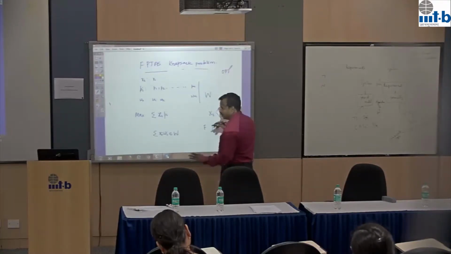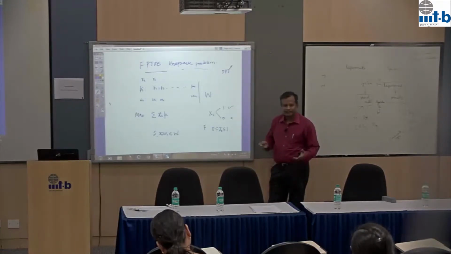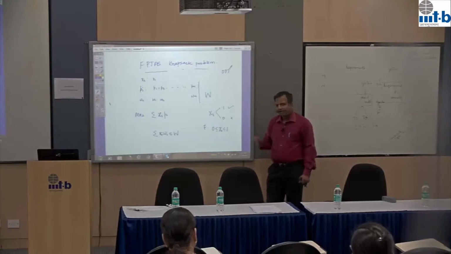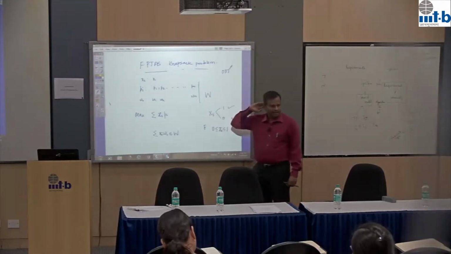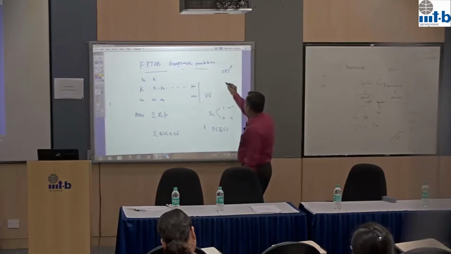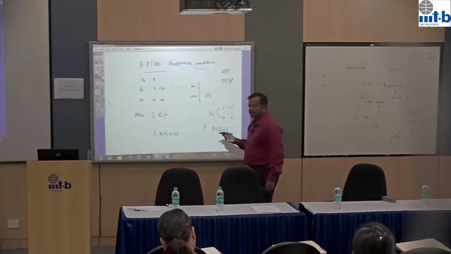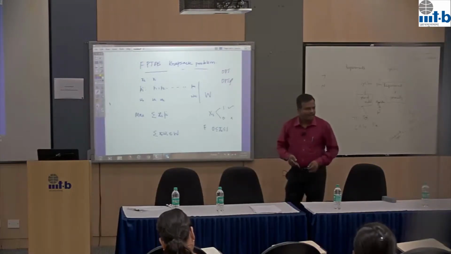The problem that I am considering now is the 0-1 knapsack problem. The moment I write optimum, I am talking about the maximum profit that I can make by looking at the optimum solution. I'll also use optimum f, which will indicate that I'm talking about the fractional knapsack problem.